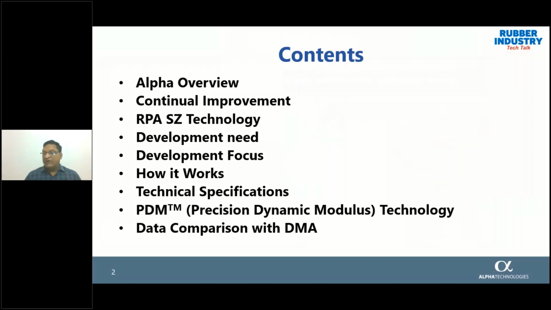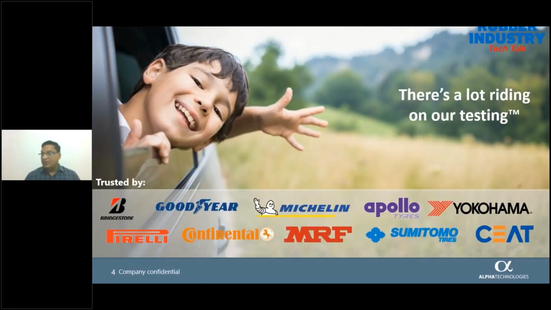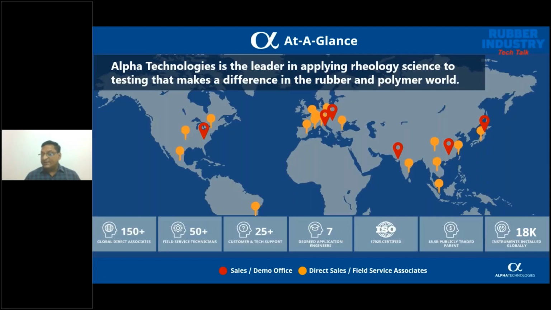So Alpha Technologies, a rubber technology company, is dedicated to working closely with the rubber industry to improve and enable performance, value, and safety for customers. As the recognized leader in rubber and polymer rheology testing, we continue to innovate and advance with the best testing solutions.